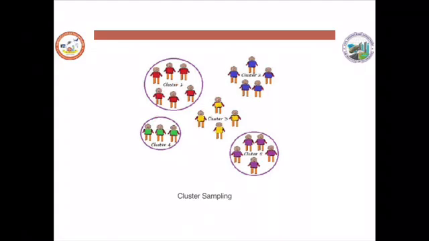There are 5 different clusters. When the samples are drawn, a sample has to be taken from every cluster of the total population. We are not dividing into stages. Instead, all the states will be divided into different clusters, and the sample has to be taken from all the clusters.